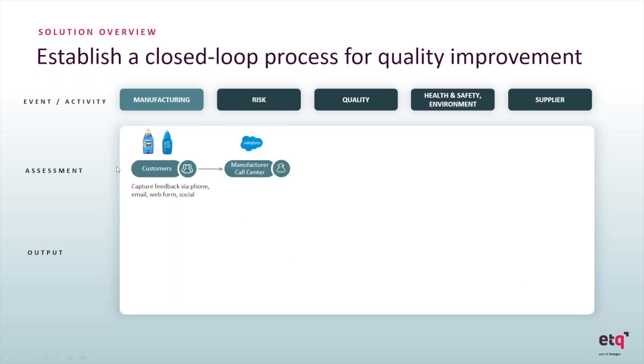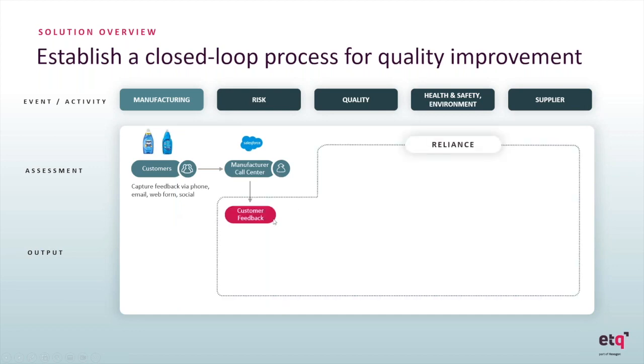So you can have inputs from customer complaints, and I talked earlier about integration with external systems. In this case, we have a call center that you might already be using, something like Salesforce or another CRM tool. When that complaint comes into that system, the integration could trigger a new customer complaint or customer feedback record within ETQ Reliance.